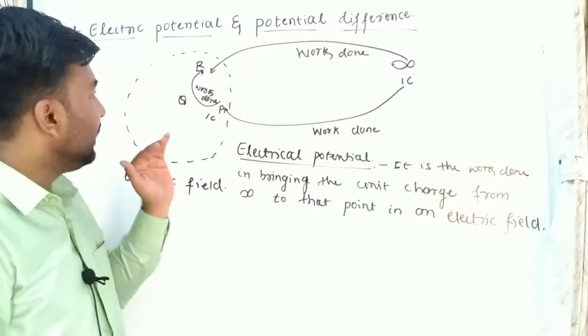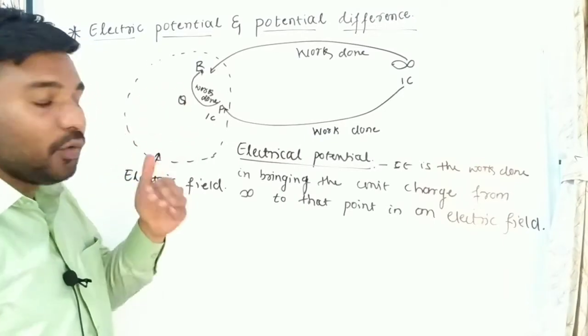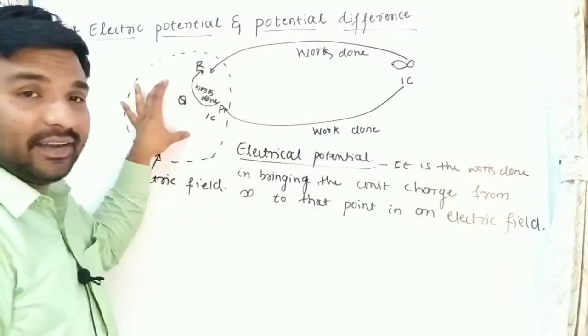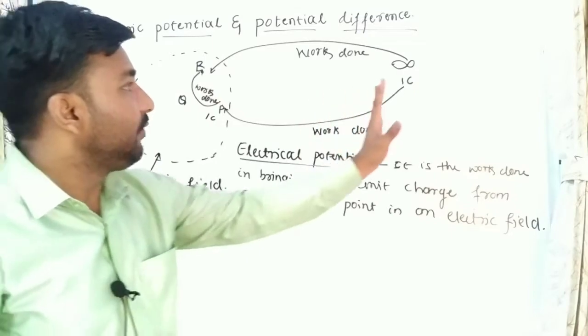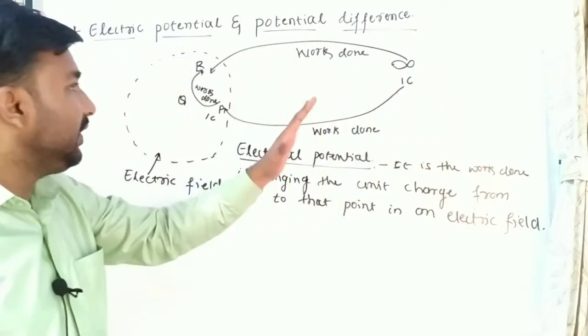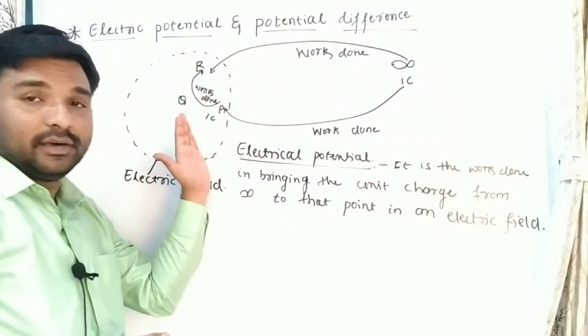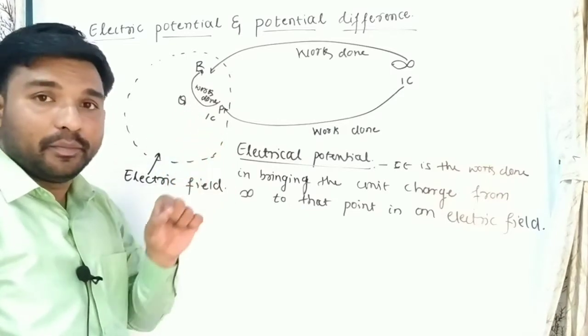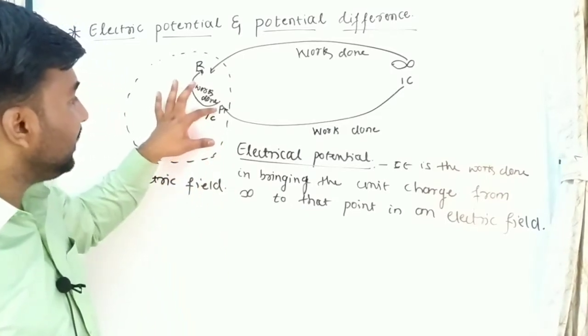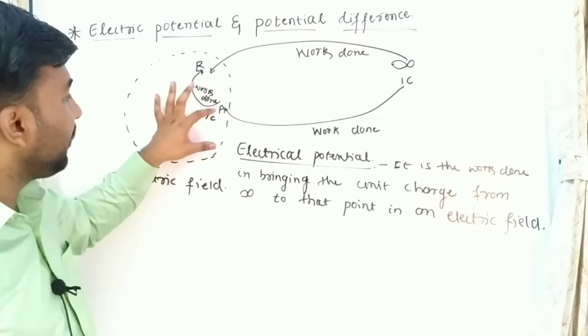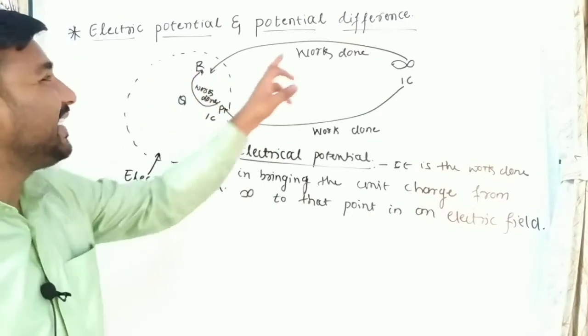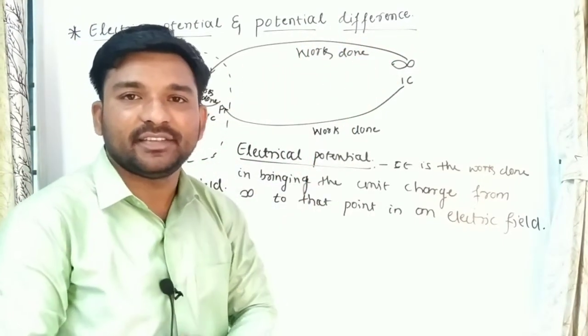Earlier it was from infinity to the point P, but here I am moving the unit charge in the electric field from one point to another point. That is called potential difference.